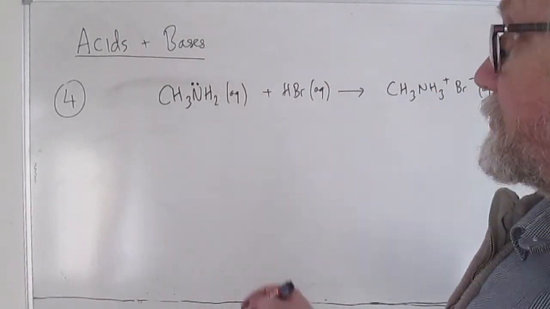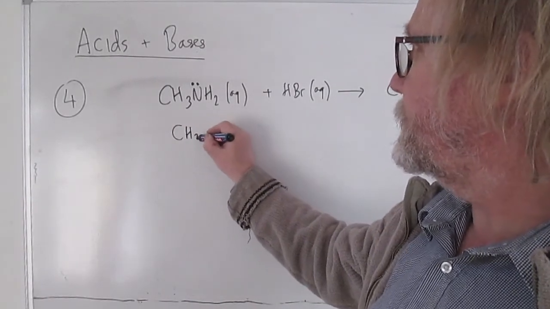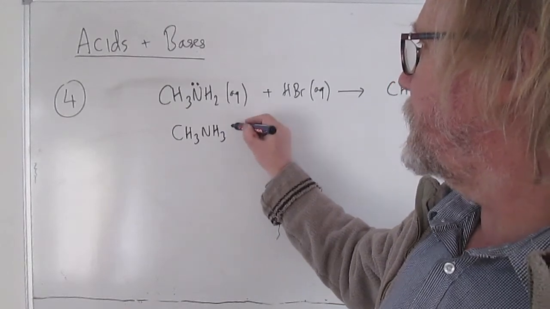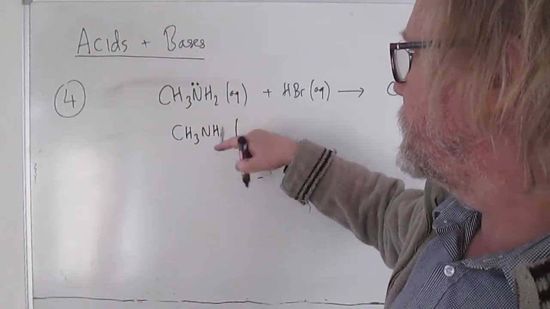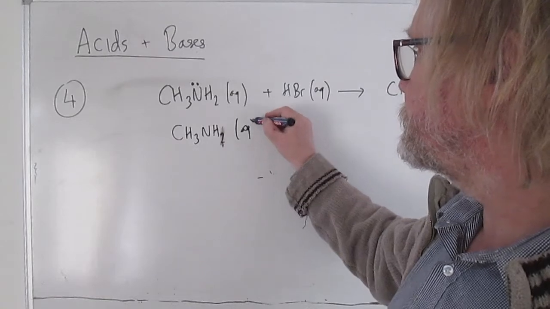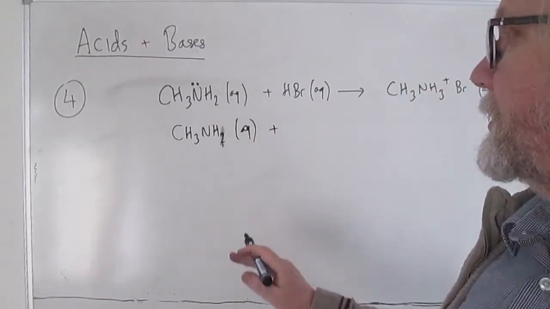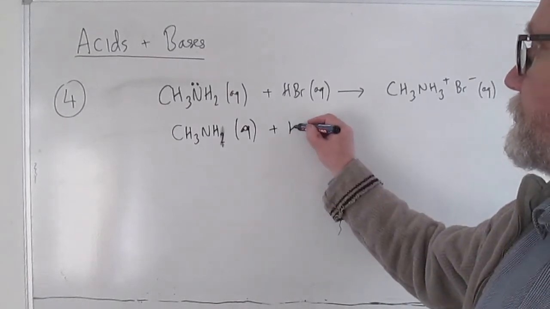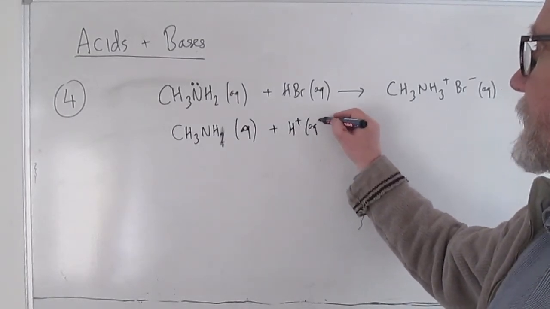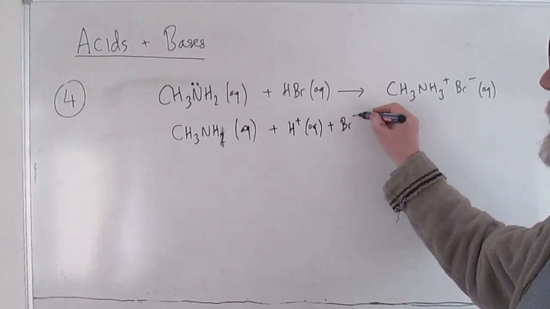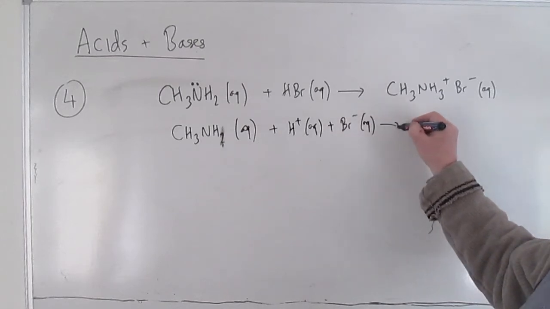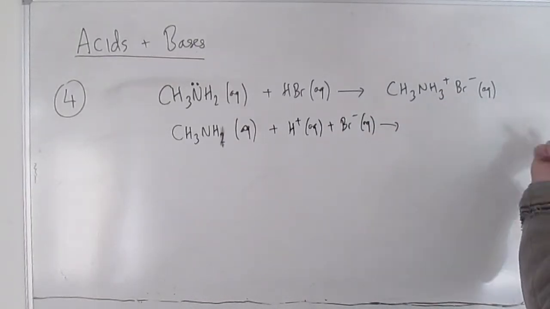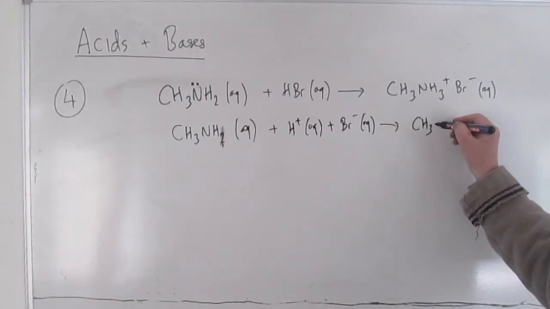It balances straight off, nothing more to do there, so we can go straight to the ionic equation. Methylamine is just methylamine. It's not itself broken up into ions. But HBr, like any other acid, we write the ions separately. And this is an ionic salt, so if it's in aqueous solution, again, we write the ions separately.